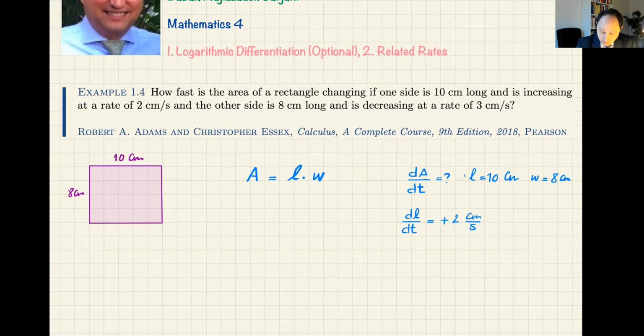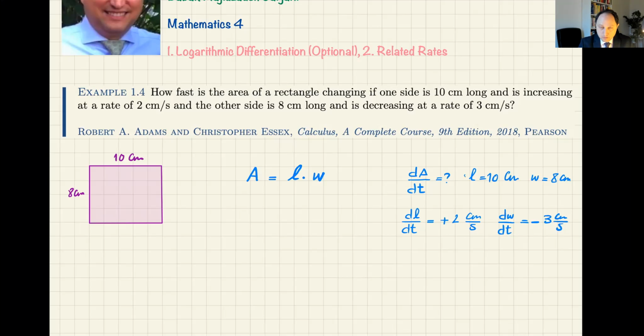And the other side, which is the width here, is changing over time by a rate of 3 centimeters per second. But because it's mentioned that this is decreasing, you have to put a negative sign here. Any questions so far? I am just translating these English sentences into mathematical notations.